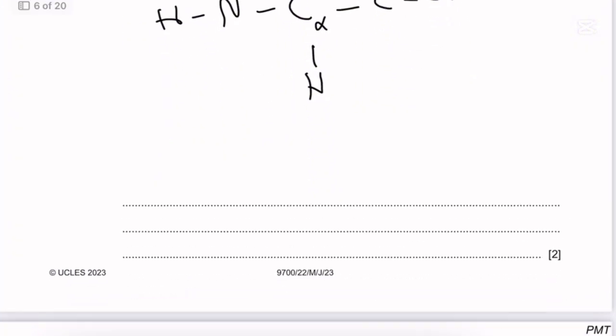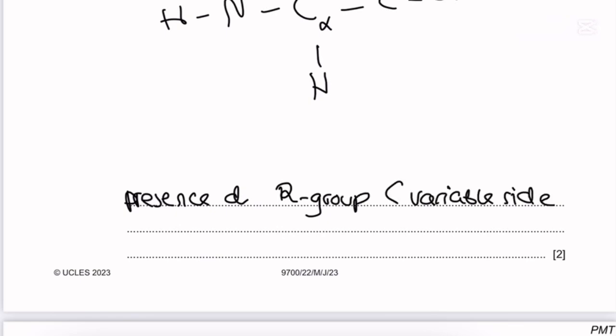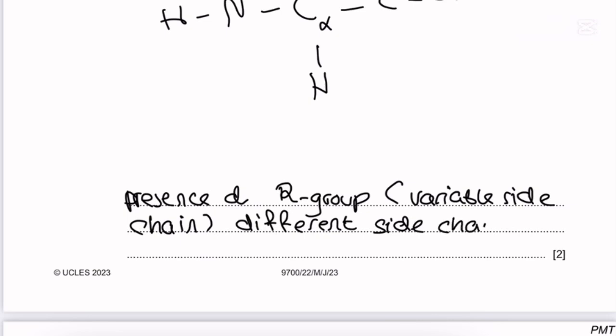Now, why it's so different is because of the presence of an R group, which is a variable side chain, which is different for each of the 20 amino acids.